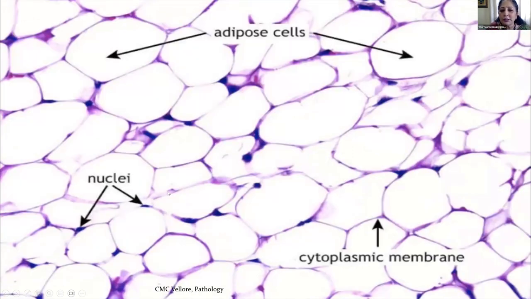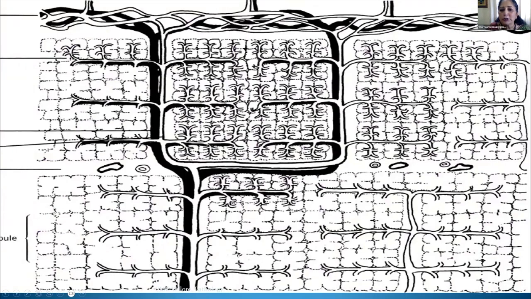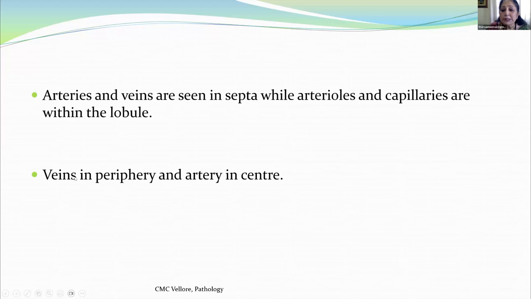And like you see here, you have the smaller arterioles and venules in the center and the larger arteries and veins in the septa. So any lesion which involves the arteries and veins usually is seen in the septa. The artery is closer to the center, so you may have one lobule which is involved, whereas the arterioles and venules involve the capillaries, involve the lobules because they are seen right in the center.